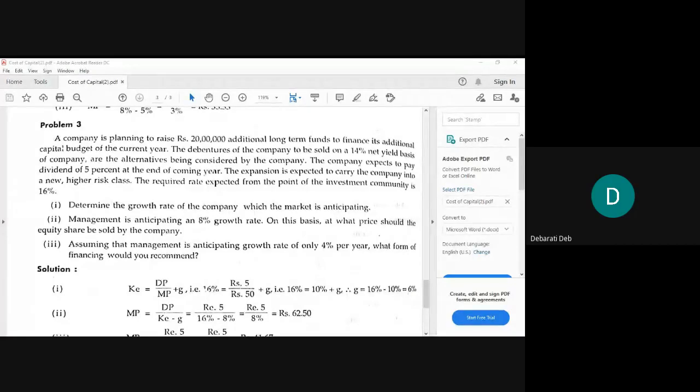Rohit Pandey, present, ma'am. Sagar, yes, ma'am. Salina, present, ma'am. Shalini, present, ma'am. Shobhit, present, ma'am. Supriya, present, ma'am. Swayam, present, ma'am.